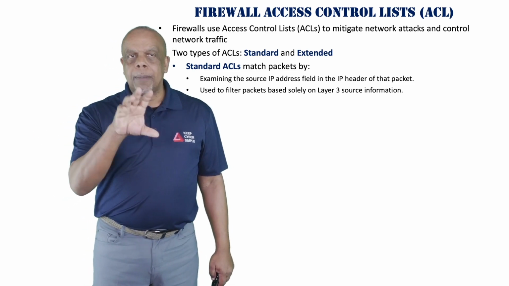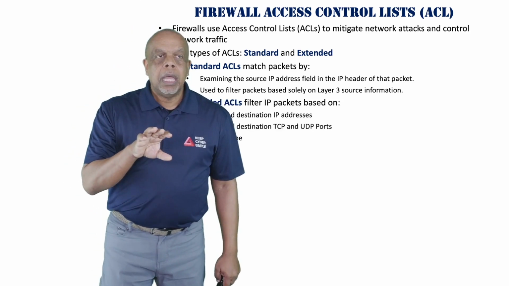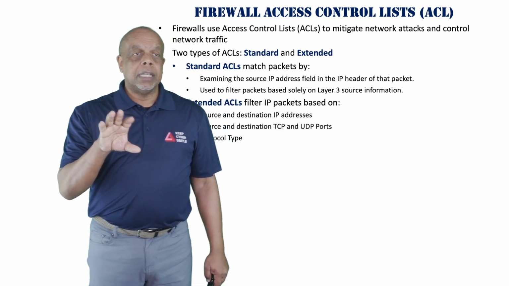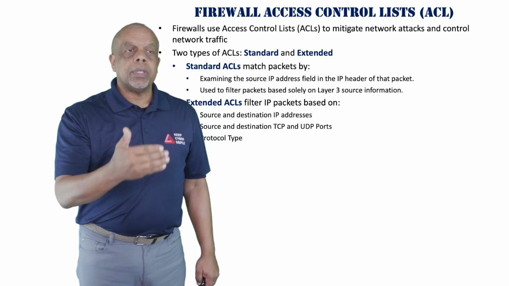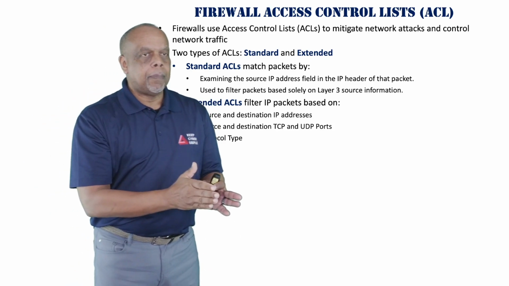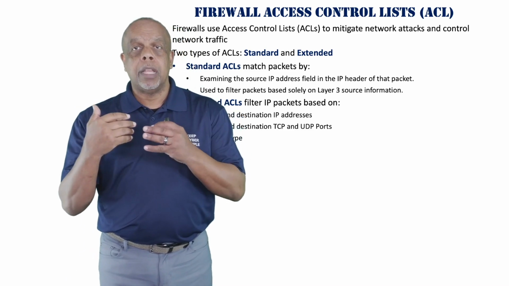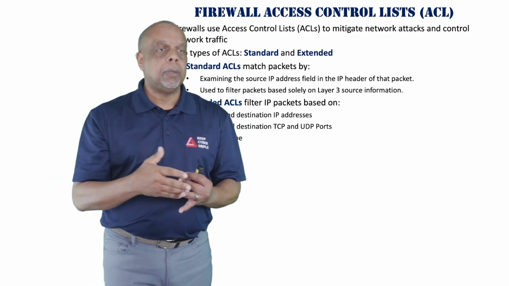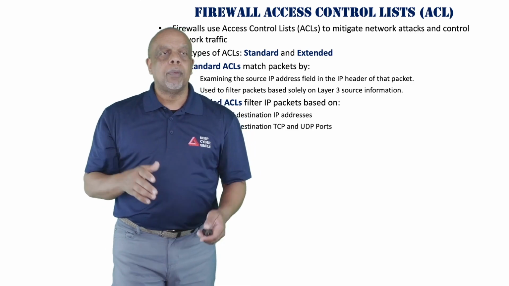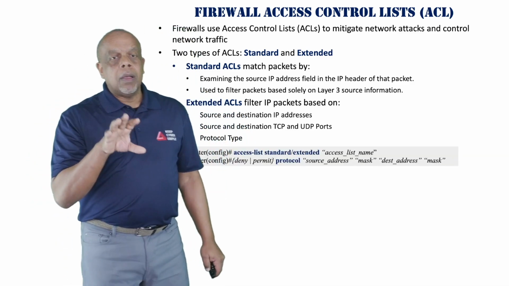They examine the source IP address and the header information. Extended ACLs are able to do a lot more. Now they can look at your source IP address, your destination IP address, source ports, whether it's TCP or UDP, and the protocol type, or whatever that may be.